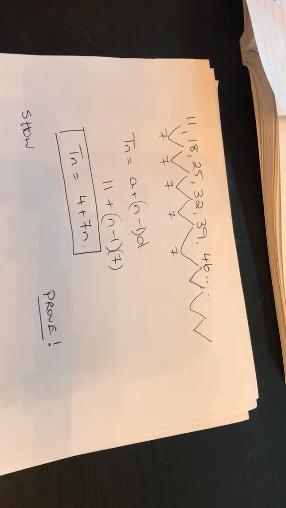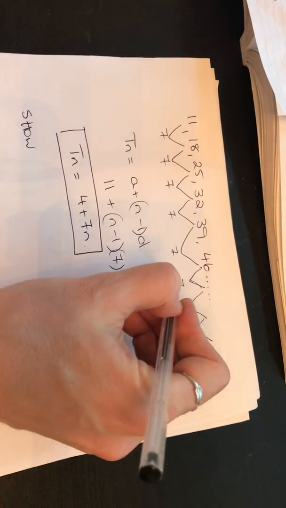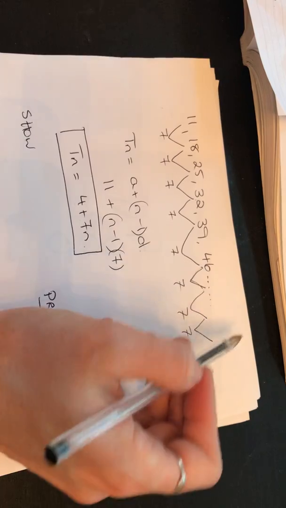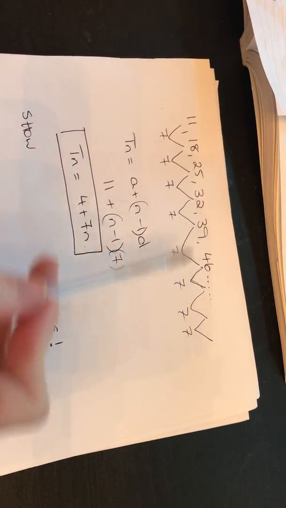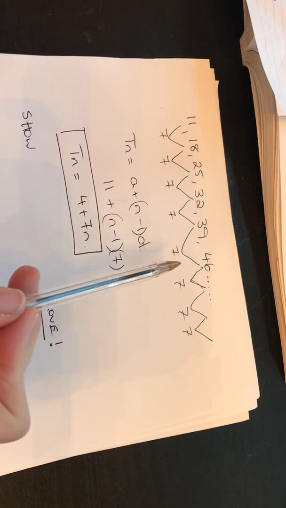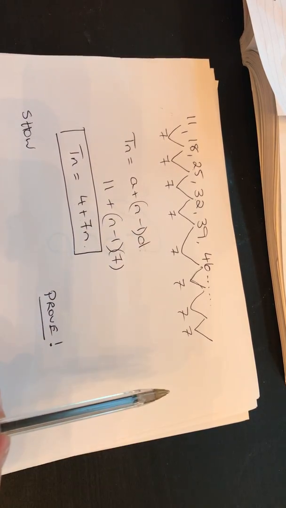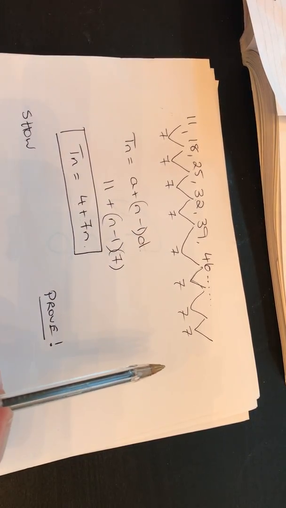What does proof require? Can I just say, oh yeah, I'll get the next part of the sequence, sure, look at it, it looks linear, it looks like there's a common difference of 7 all the way along, so the whole sequence must be linear?